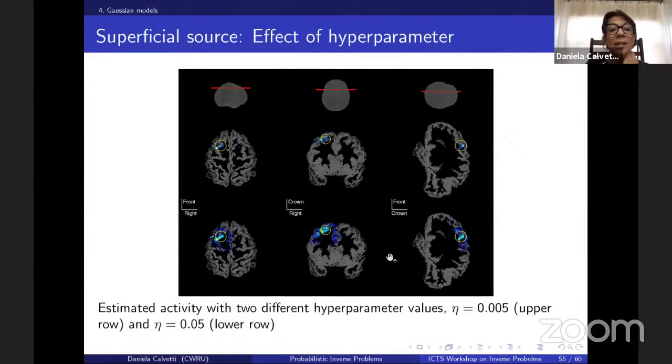It's a sparse activity, and the effect of the prior here is that depending on how much sparsity we expect, which in this case was controlled by one parameter, we get a very focal solution, or a little less focal. Again, this is real data.